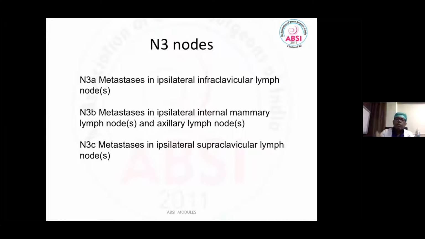Now, the important thing that you need to understand, again, trainees, is that at least 5 years back, we were taught that presence of a supraclavicular node means it's an M1 disease. But the important change that happened in the last couple of years is that the presence of a supraclavicular node is a regional disease. It does not categorize as a metastatic disease.